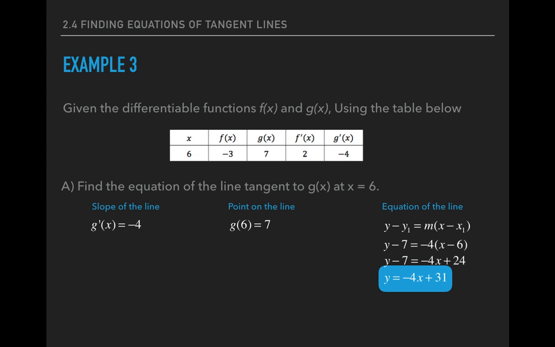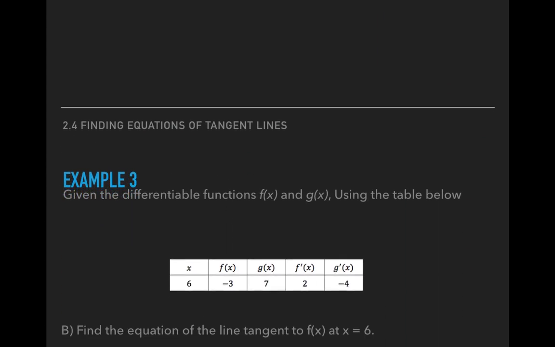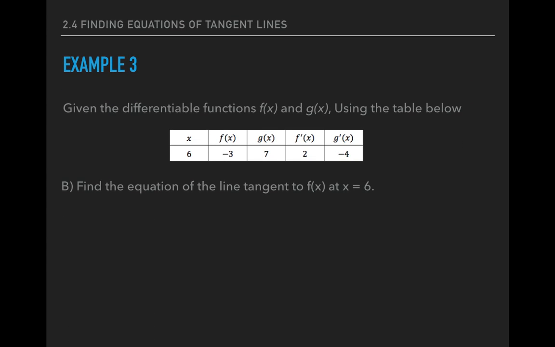All right, one more part to this example is now looking at the function f at that x value of 6. So we go through the same process, and if you want to pause the video and try this on your own, feel free.